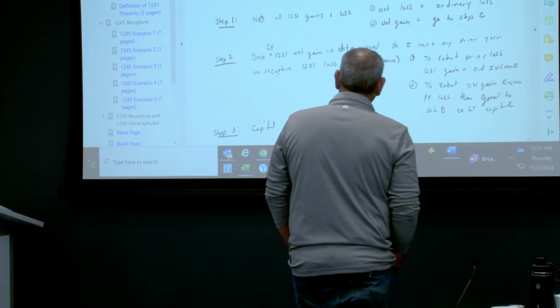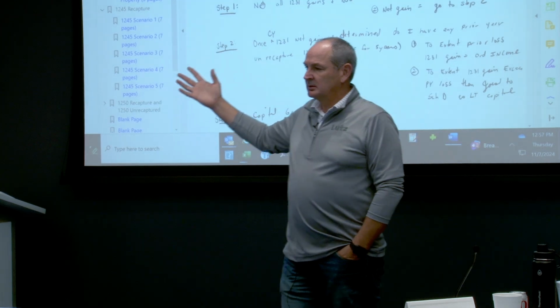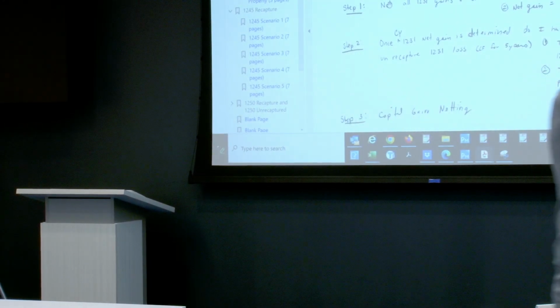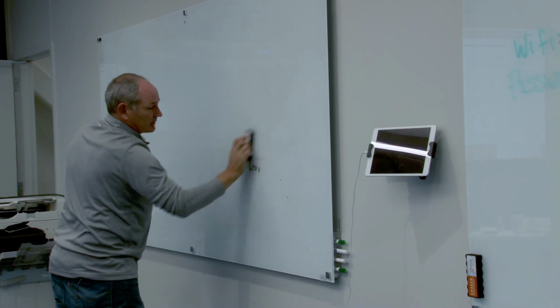And I don't really know where to find this in the code section off the top of my head, but let's talk about this just for a second. Based on what Allie said, if gain exceeds losses, it means capital gain. Well, that's not 100% true because of what we're getting ready to talk about.